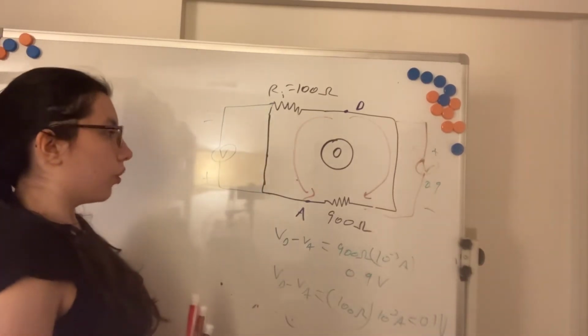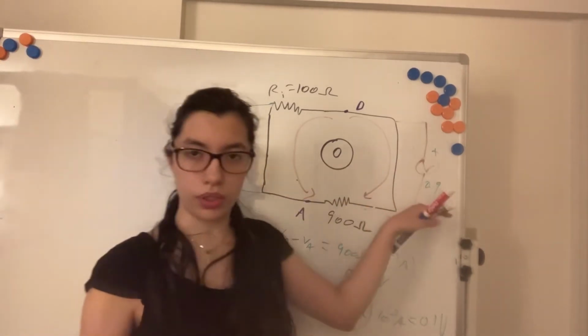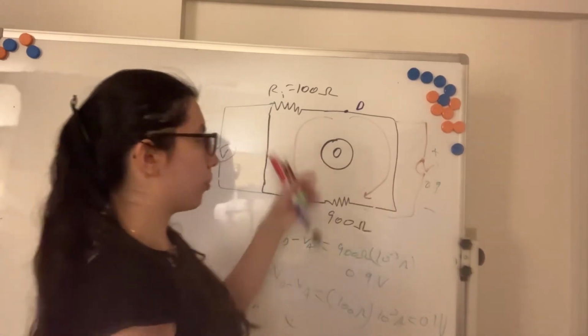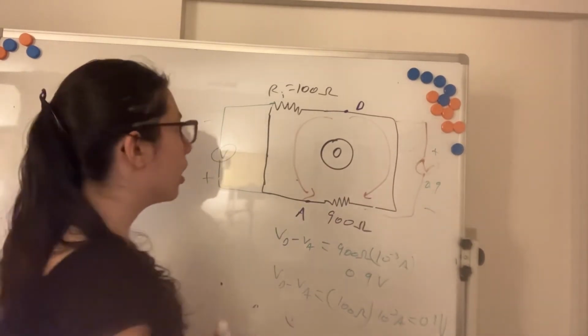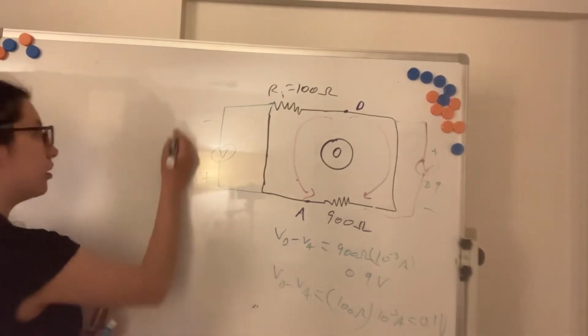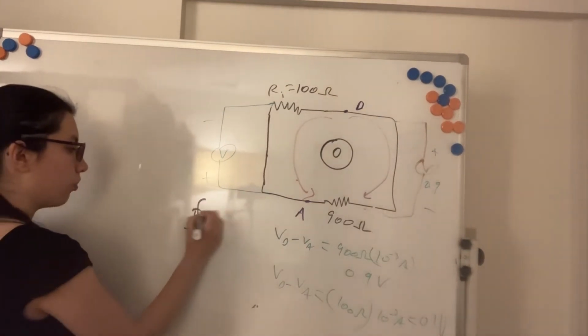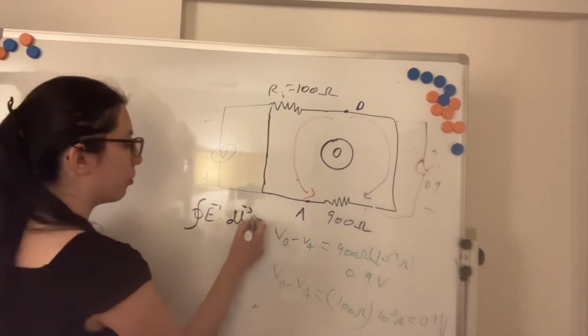So in one voltmeter we see 0.1, and with the other we see 0.9. So now this is a non-conservative field, because the closed loop integral of E dot dl of the electric field is no longer 0.